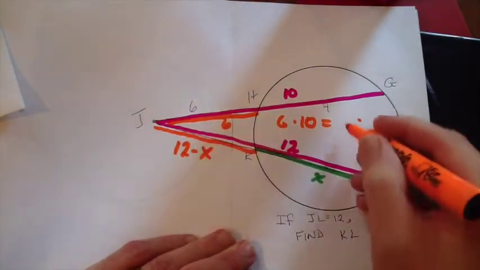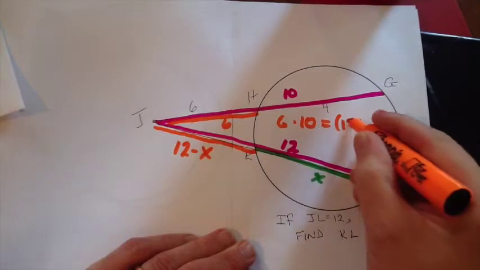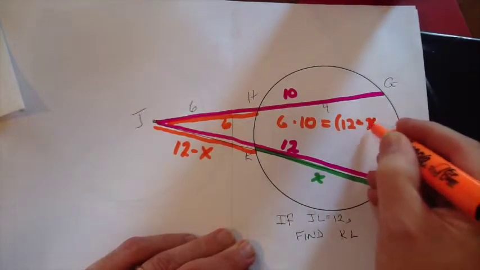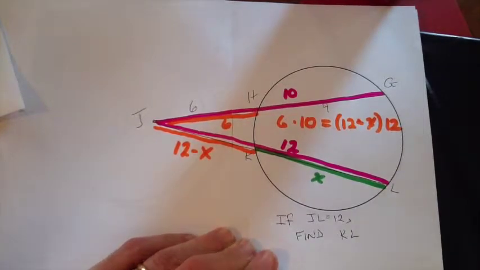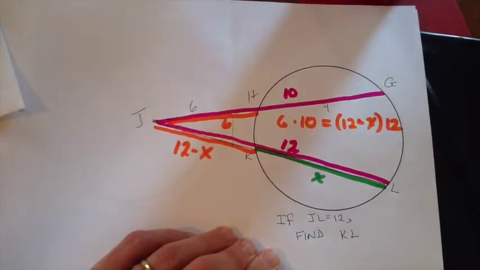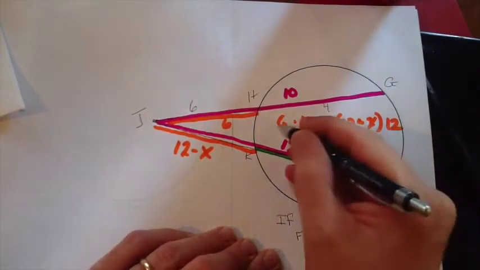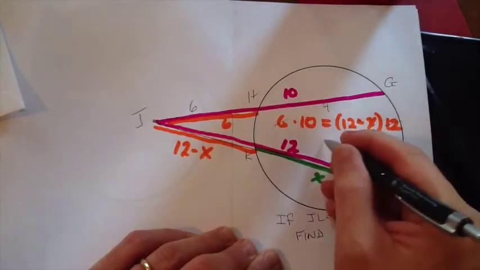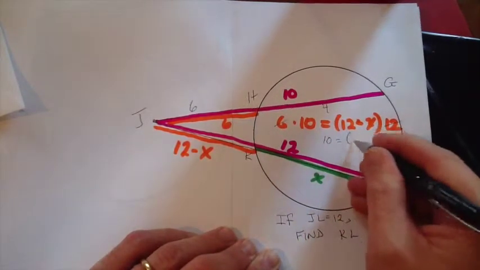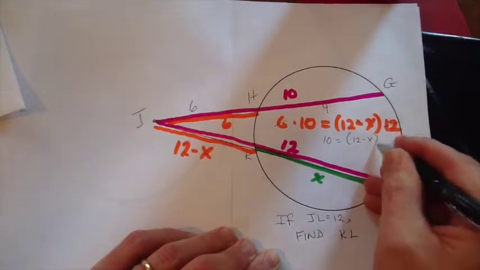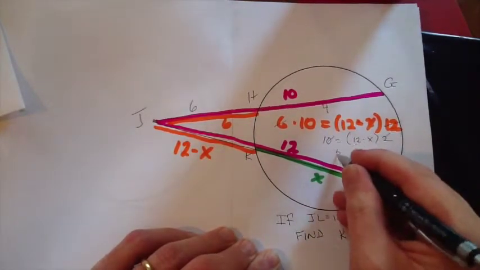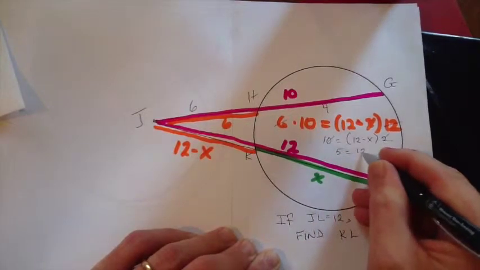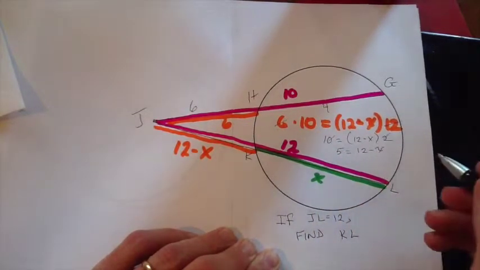So, if we take 12 minus x, multiply it by 12, what happens? Well, first of all, we can divide both sides by 6. That makes it 10 is equal to 12 minus x times 2. We can divide both sides by 2. 5 is equal to 12 minus x.